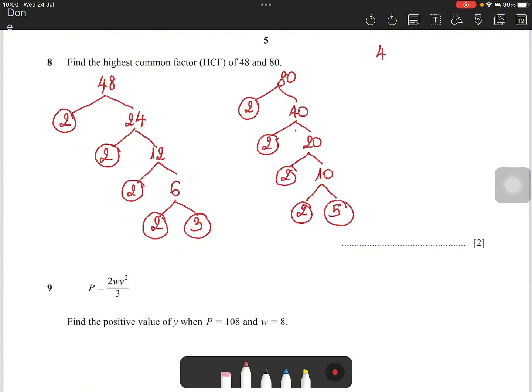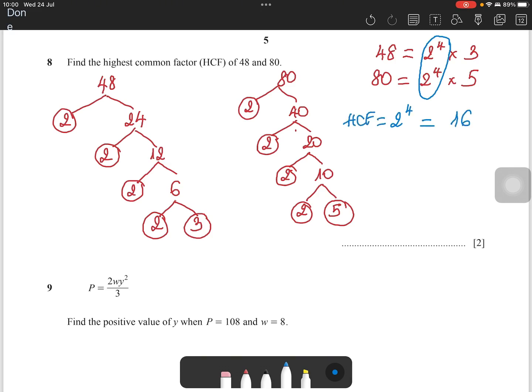So I'll write again 48 is equal to 2 to the power 4 times 3. 80 is equal to 2 to the power 4 times 5. And we see that the highest common factor of 48 and 80 is actually 2 to the power 4. 2 to the power 4 is the highest common factor, and it is equal to 16. So 16 is the final answer.